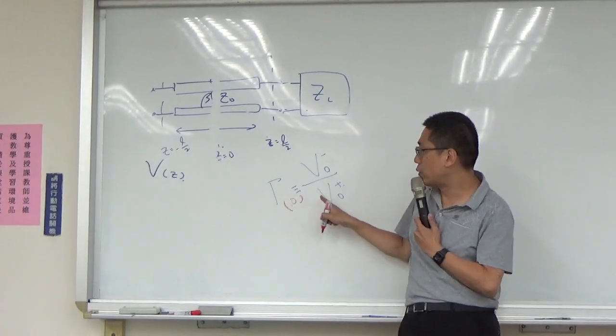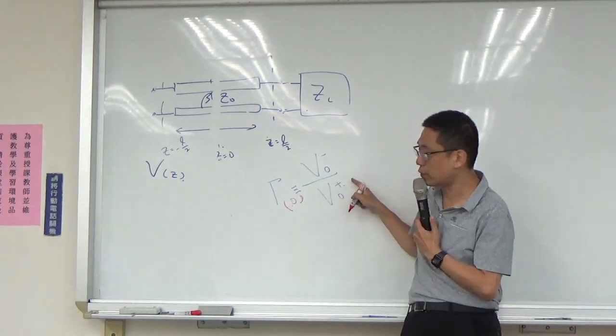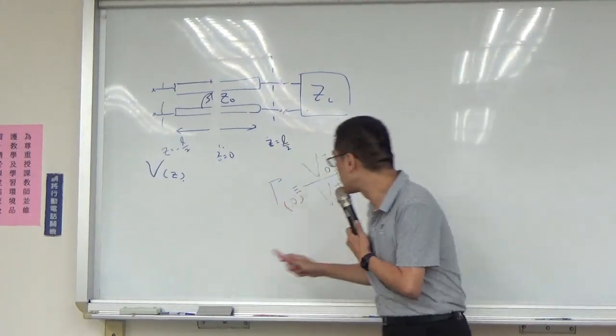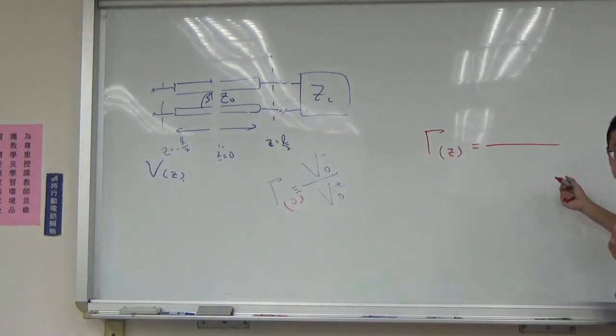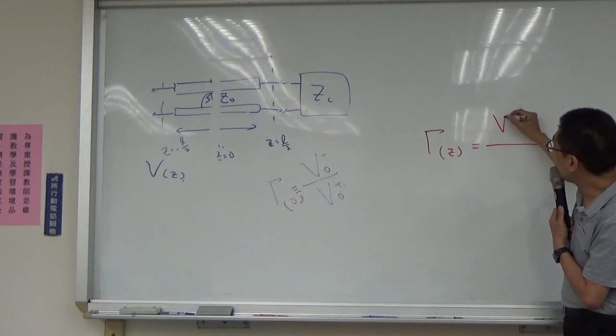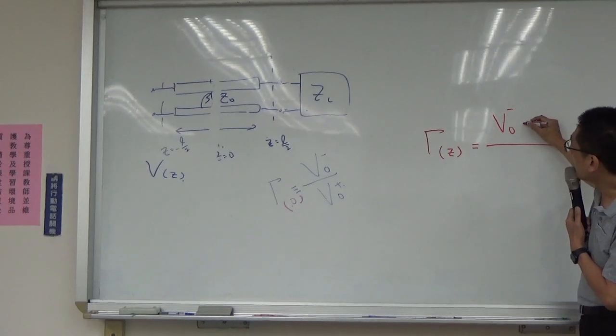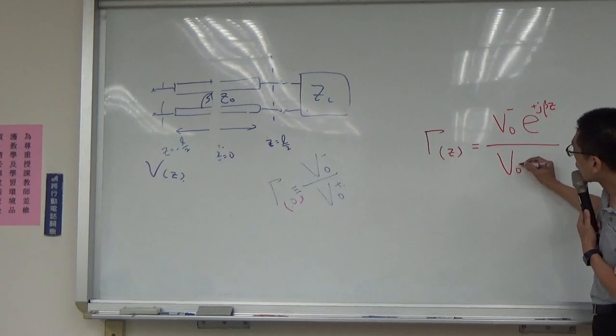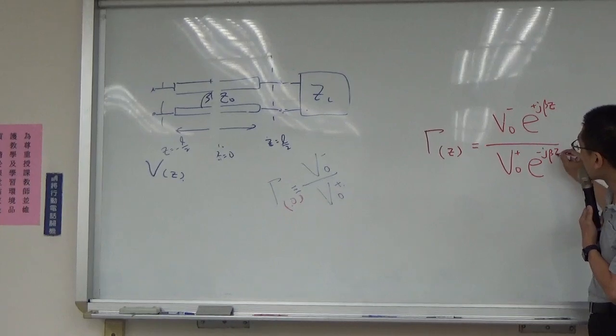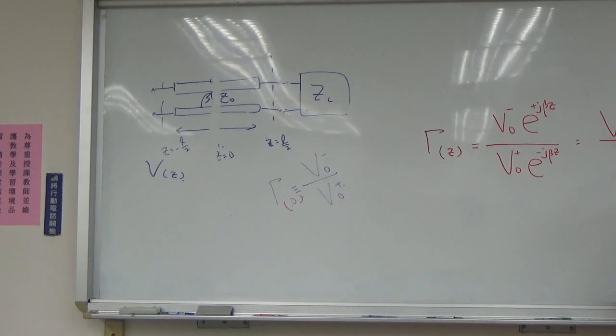Gamma of z equals V0 minus over V0 plus times exponential plus j beta z, if this is a lossless case, over exponential minus j beta z, which gives gamma L times exponential 2j beta L equals gamma z exponential 2j beta z.